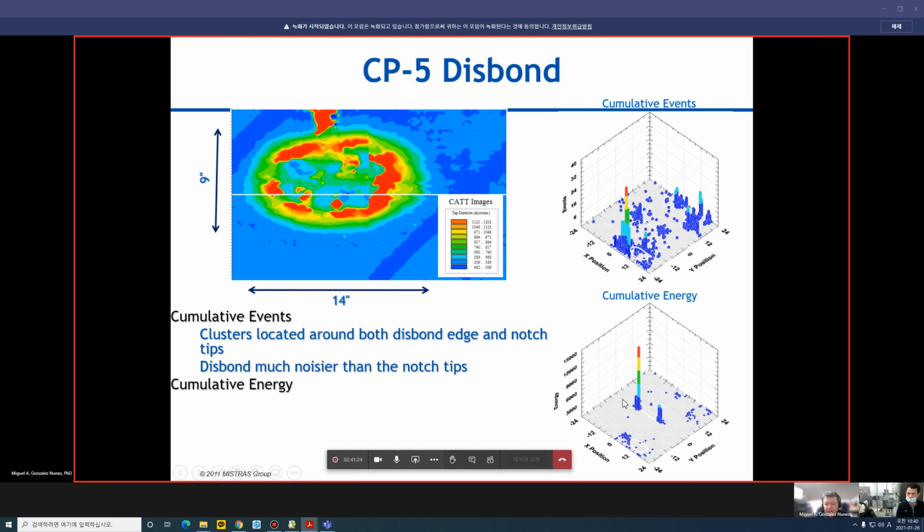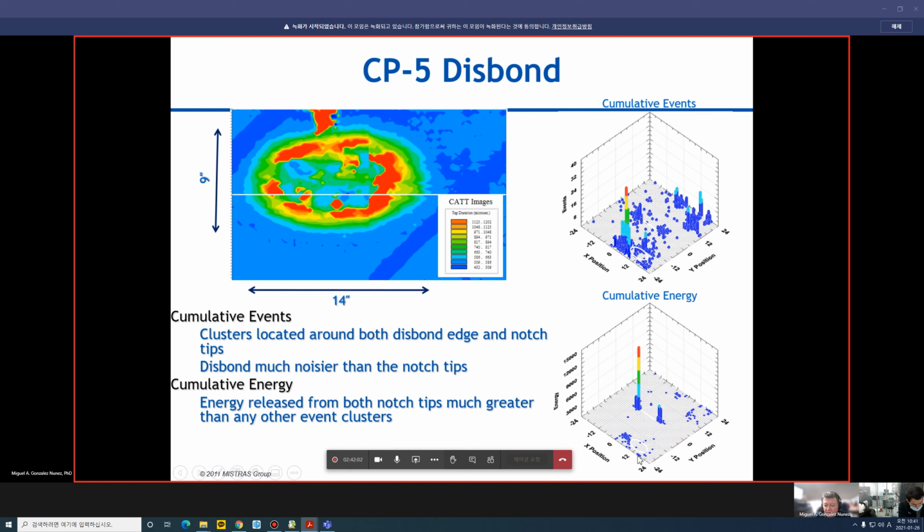When we apply the filtering, now we see the real accumulation at the notch tips. The energy released from both notch tips is much greater than any other event clusters. You see, this is the same 3D plot, but in this one we are plotting the number of events detected, and in this one we are plotting the energy released by the signals.